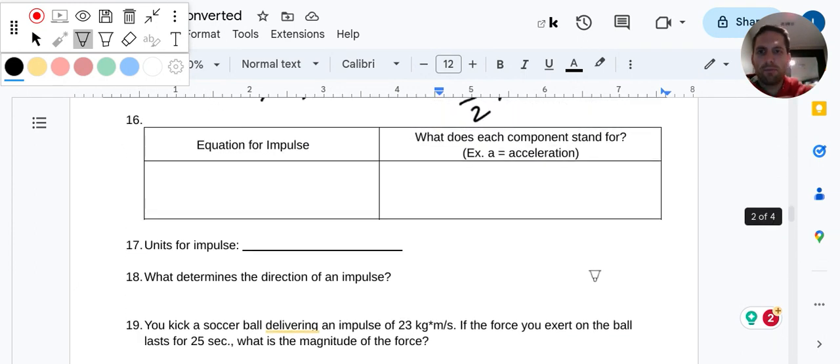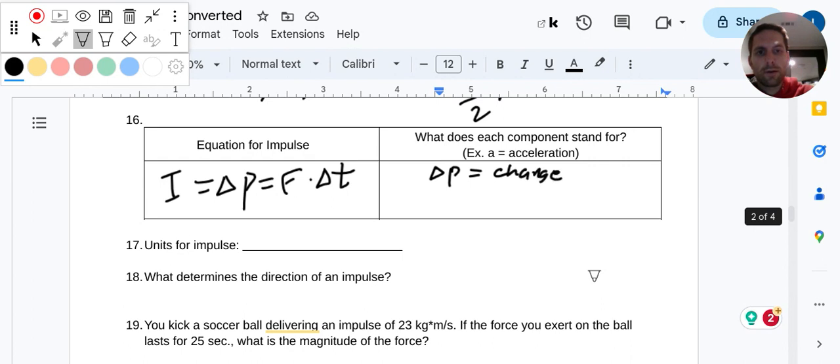Equation for impulse. Impulse equals change in momentum, which equals F times change in time interval. So change in P equals change in momentum, which equals impulse.